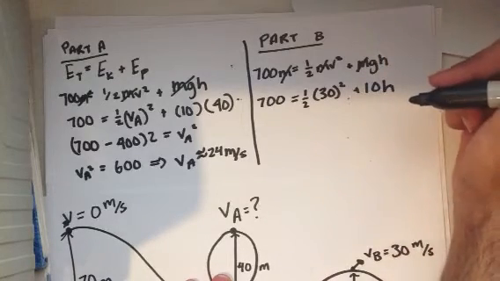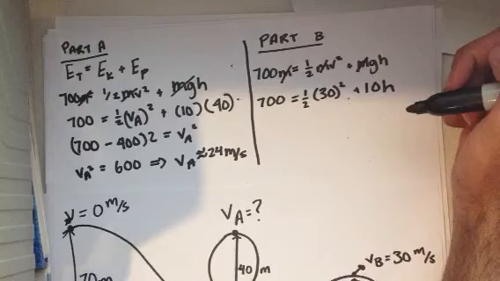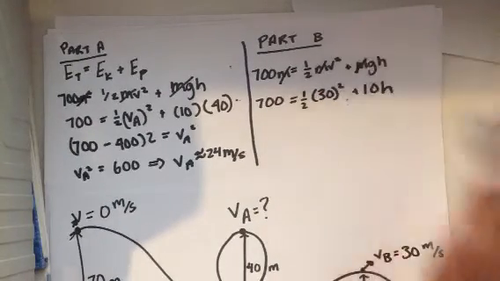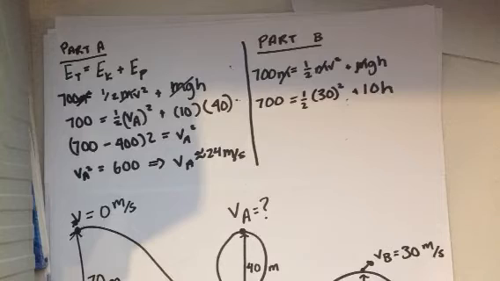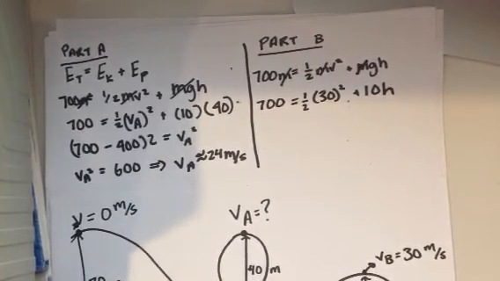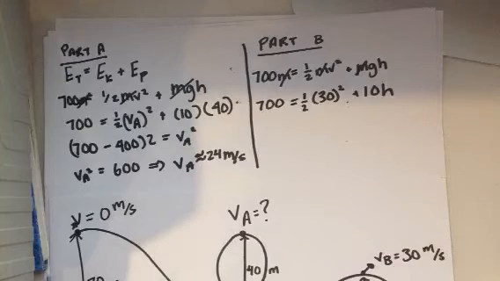We're going to get 30 squared, which I believe is 900, but better to be safe than sorry.